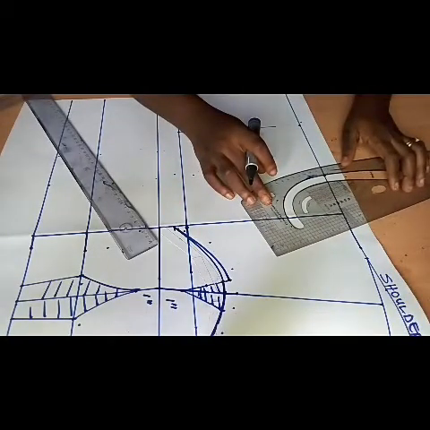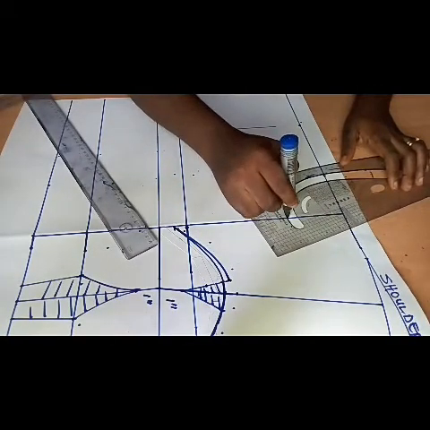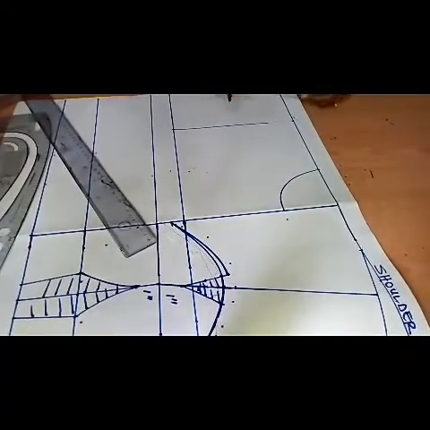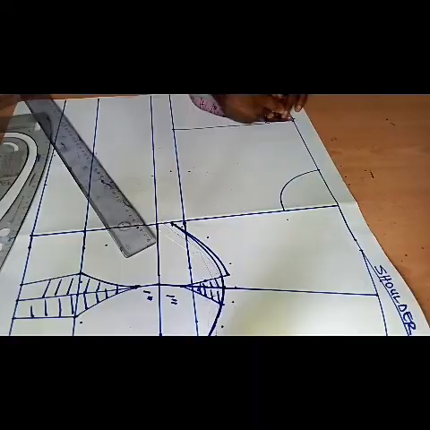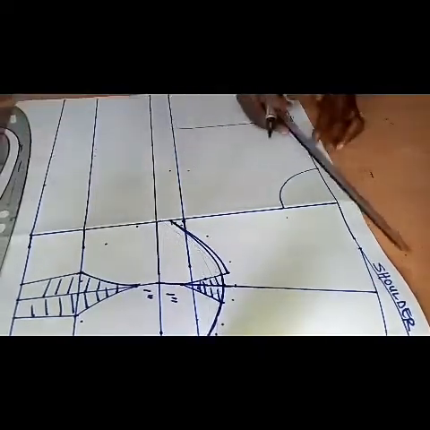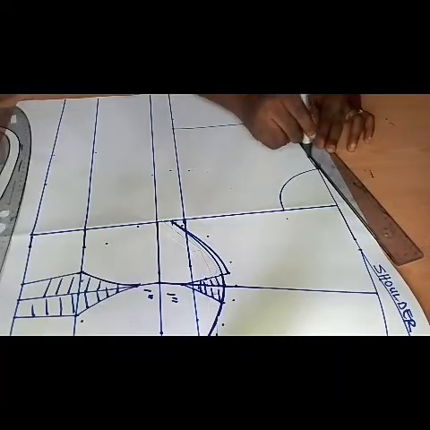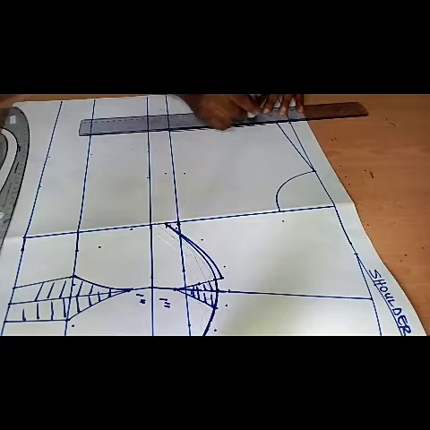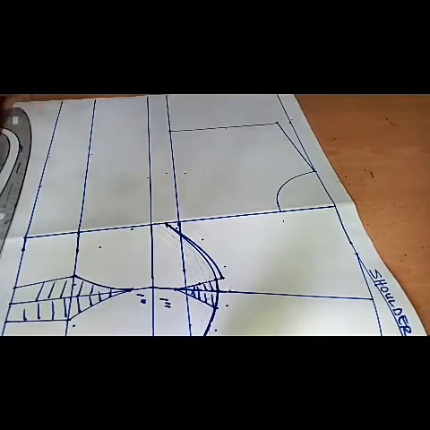Okay, so I'm just going to make it for, because this part is going to be a shoulder. So right now I'll come down because I need to connect to this point.